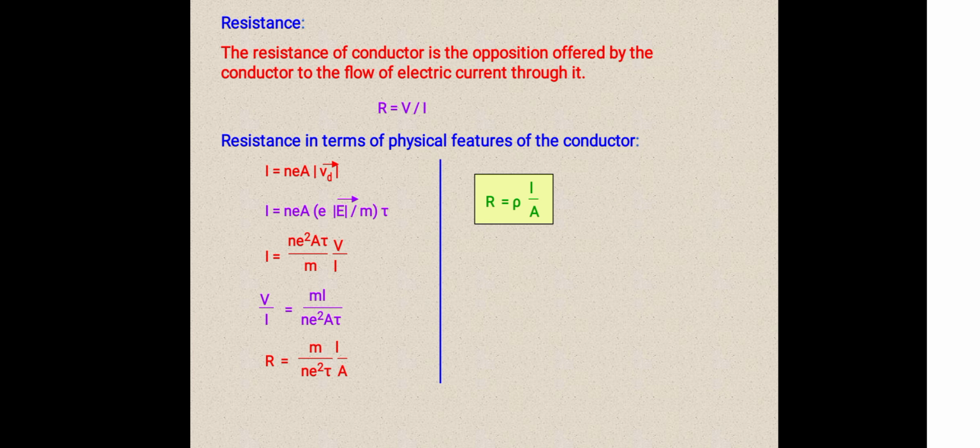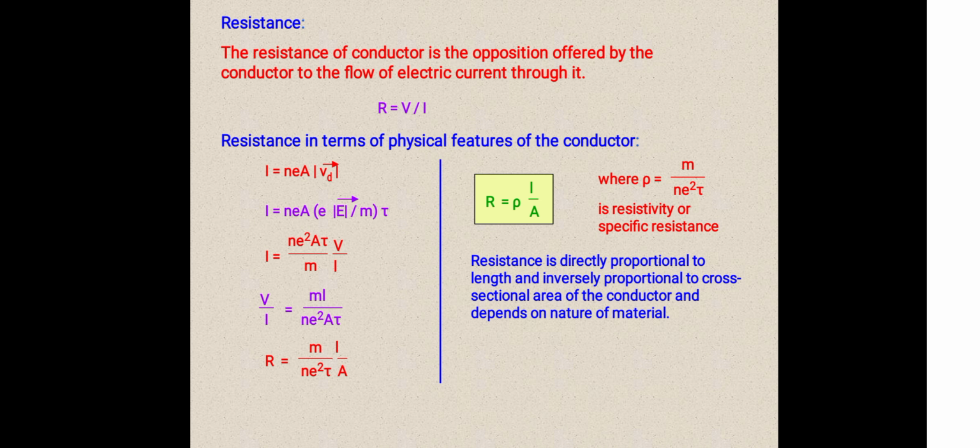Actually the factors affecting the resistance are: number 1, length; number 2, cross section area; number 3, the nature of the material; and number 4, the temperature.